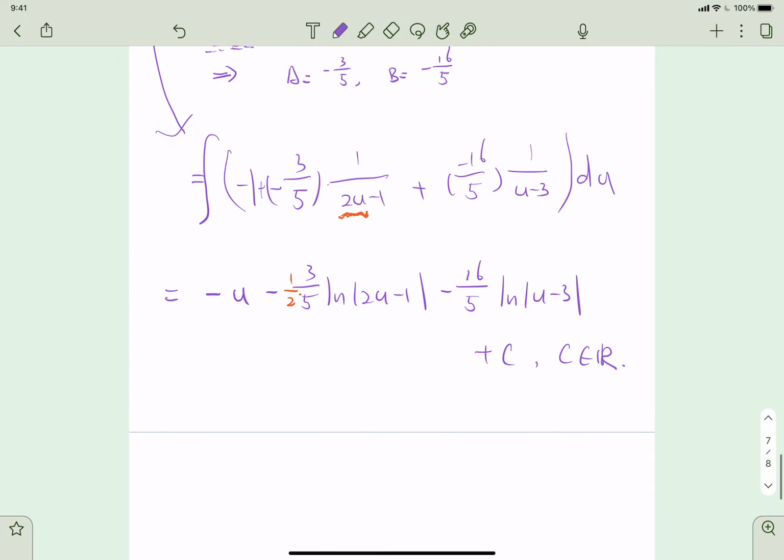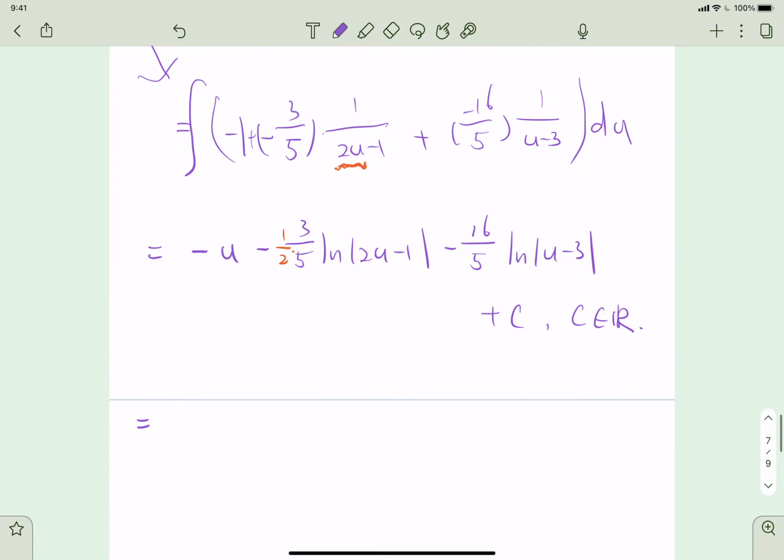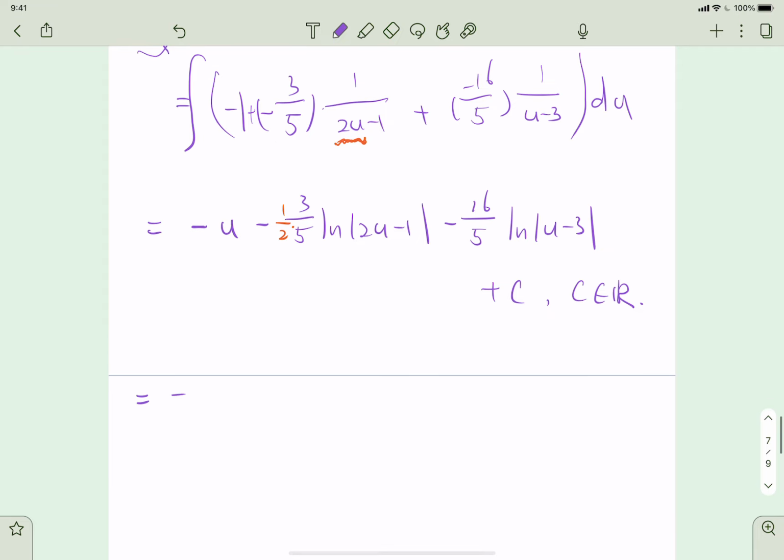Now I can plug in u equal to sine of x. Everything can be written in terms of x: minus sine x, minus 3 over 10 ln of 2 times sine of x minus 1, minus 16 over 5 ln of sine of x minus 3, plus c, where c is any constant.